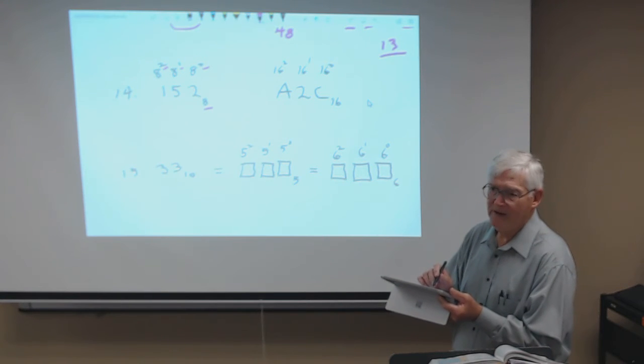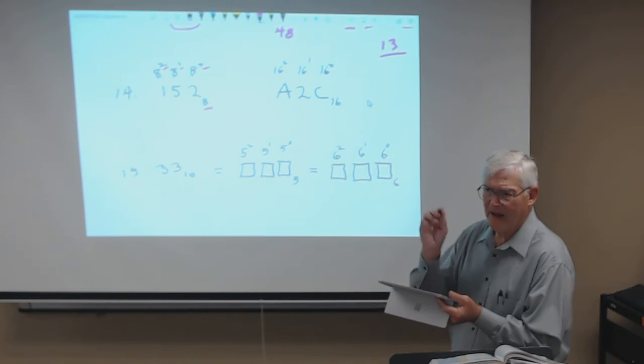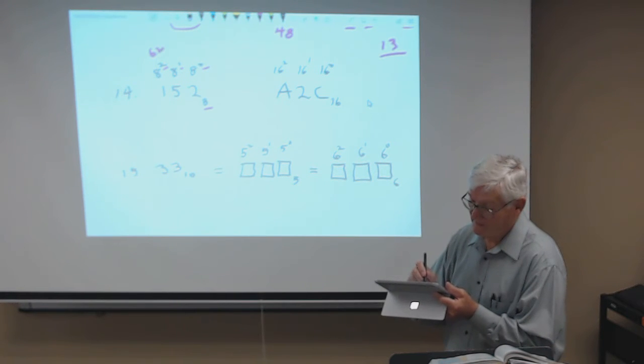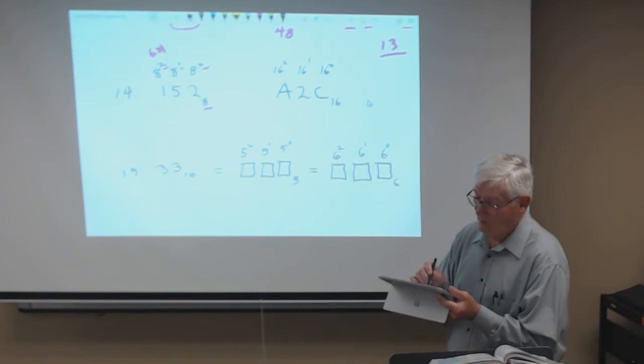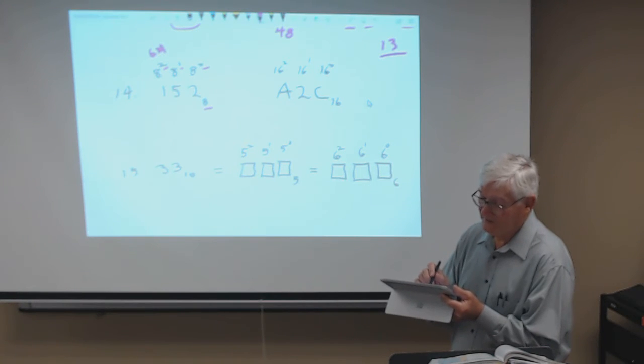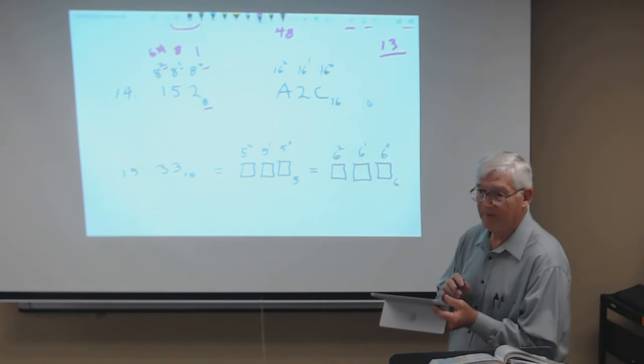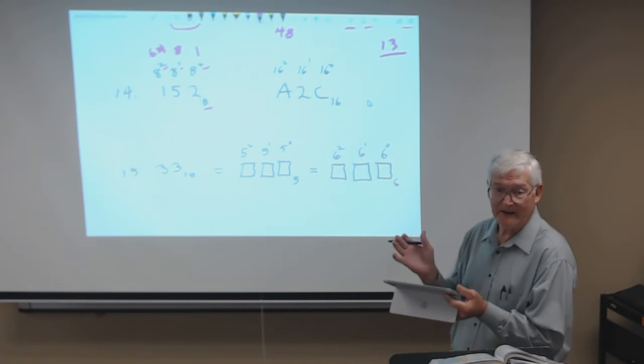What's 8 squared? What's 8 times 8? 64. Let me see if I can write that a little clearer. 64. 8 to the first is just 8, and 8 to the 0 is 1. Everybody got that down?